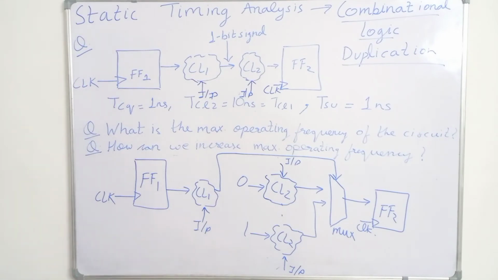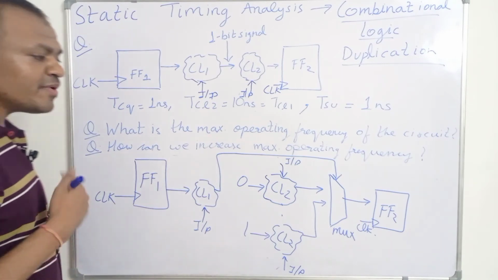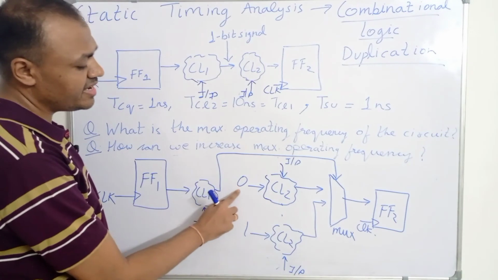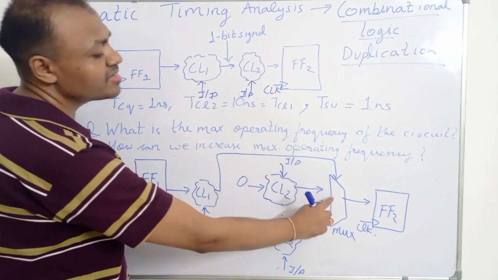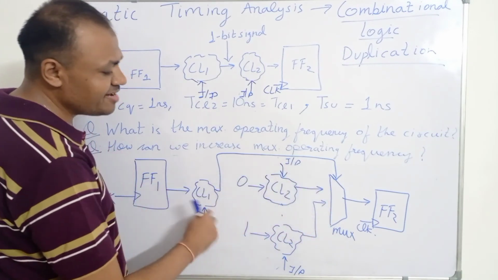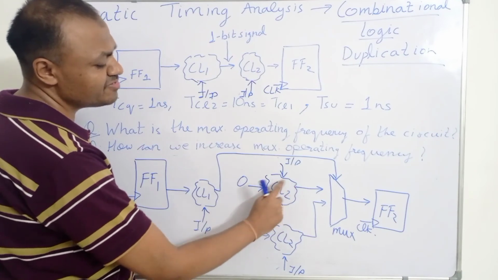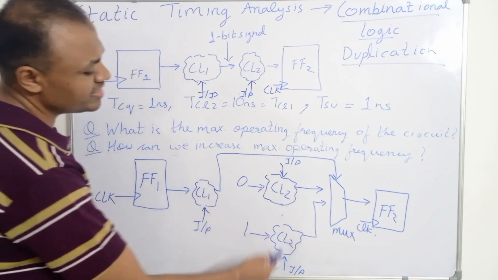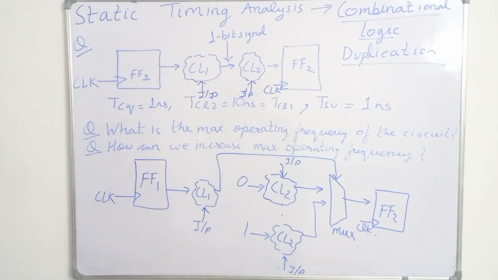The output of CL2 is fed to the mux. When CL1 is 0, the first unit will be selected, and when CL1 is 1, the second unit will be selected.